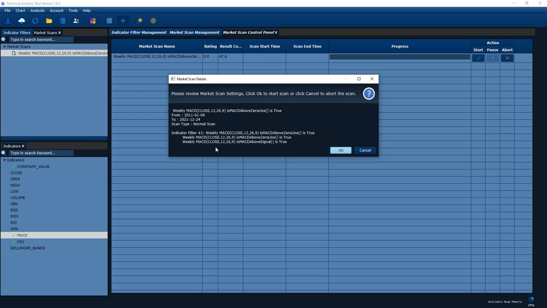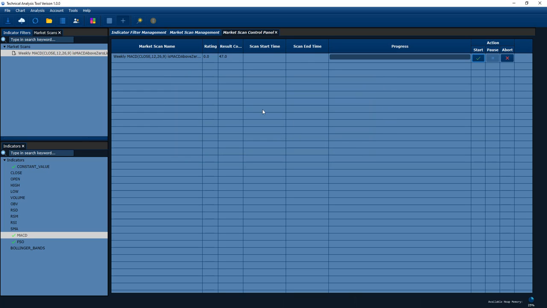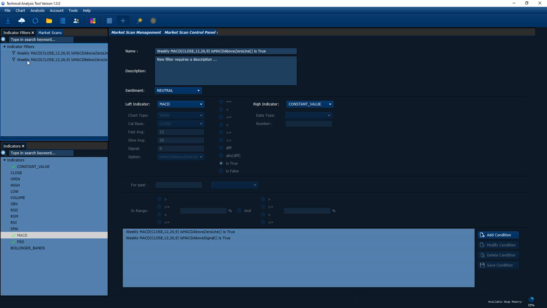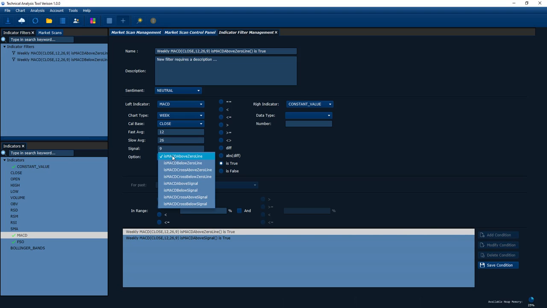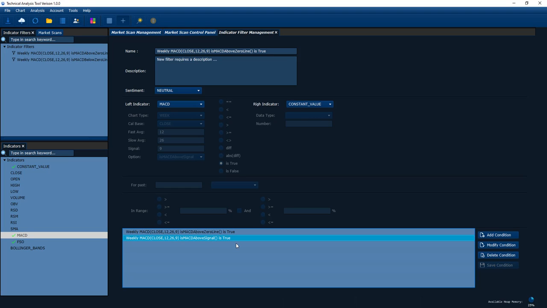Actually, this one has two functions. Okay, let's take a look here. The first market scan we're going to do, the first condition is saying the MACD above zero line is true. So it used this function, the first one, and makes sure the MACD value is above zero line. And it also has a second condition, so we can have as many conditions as you want.